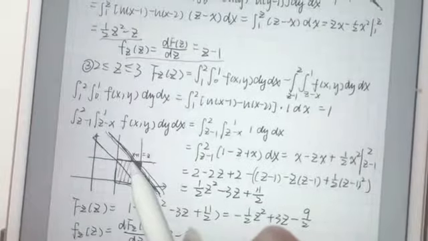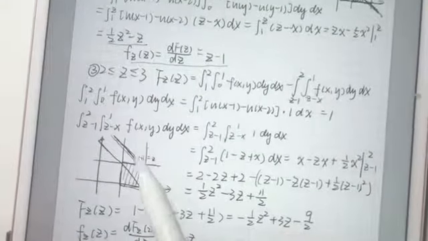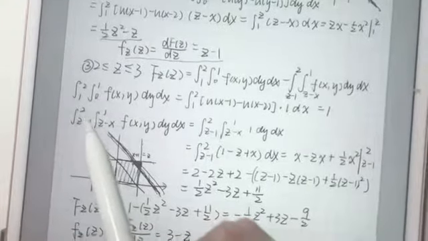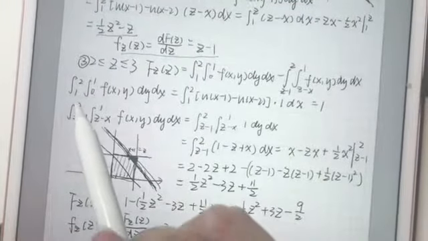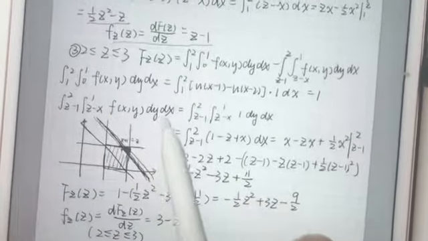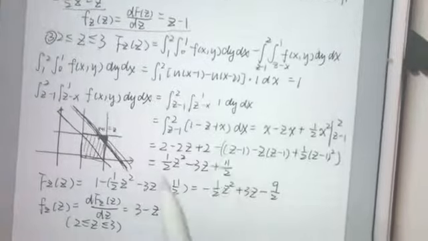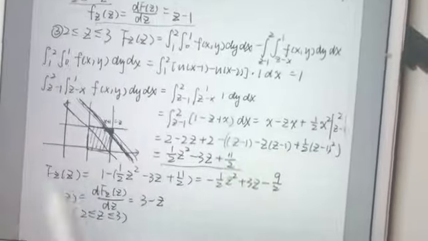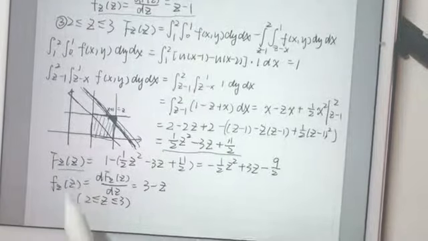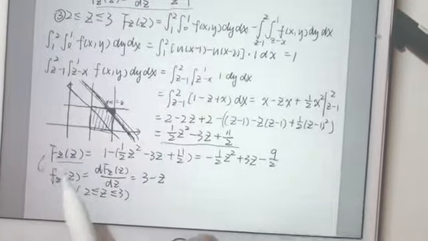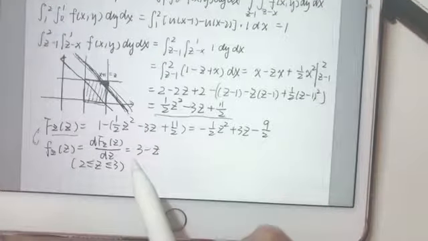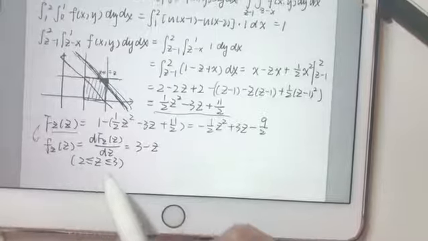So the integral is from z minus 1 to 2 and from z minus x to 1 of fxy dy dx. Calculating, we get the expression of the large PDF of z, and then differentiating the large Fz, we get the small PDF of z when z is between 2 and 3.